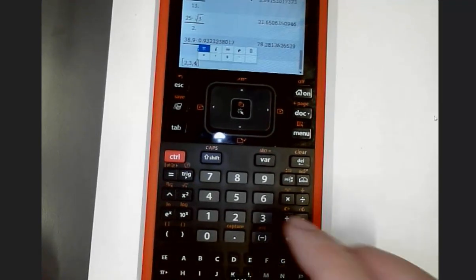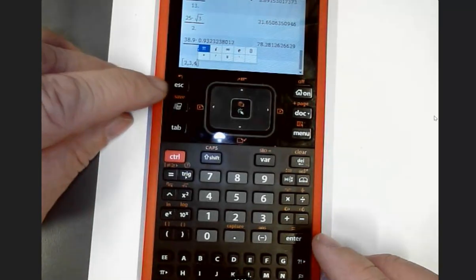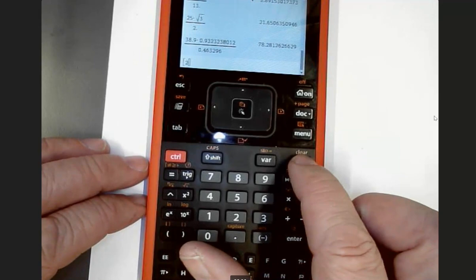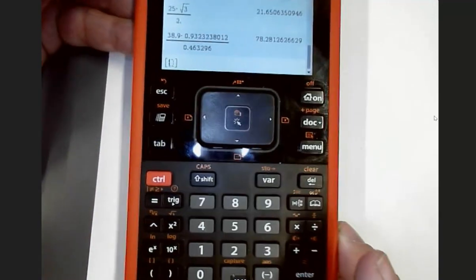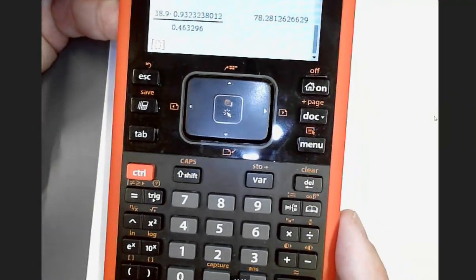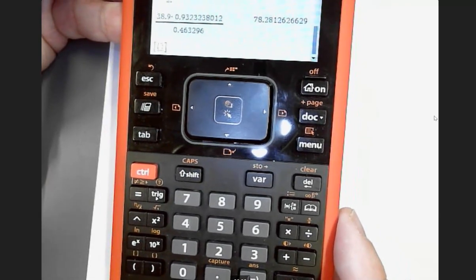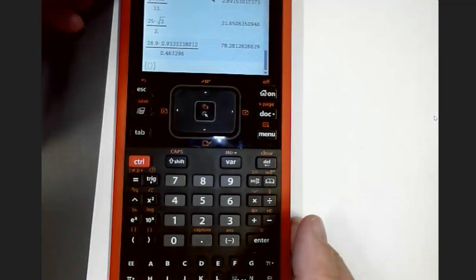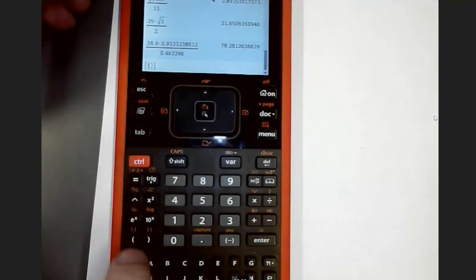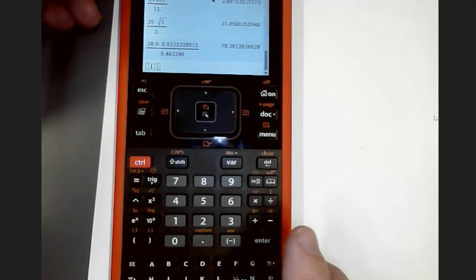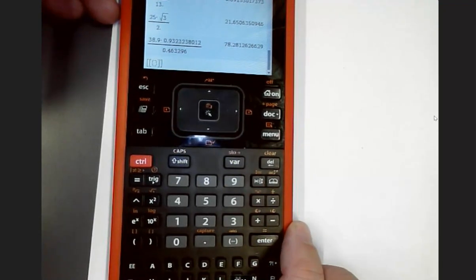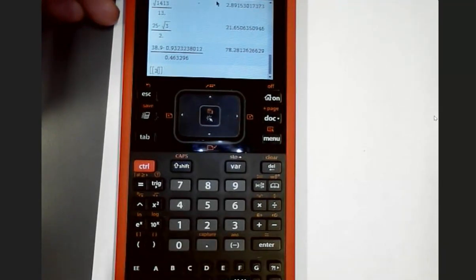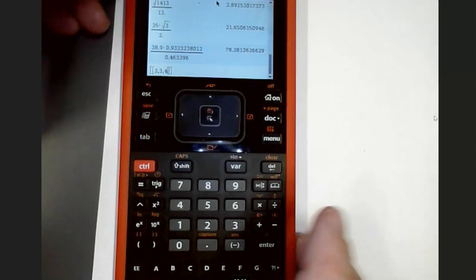Well, I will do this in a more universal way, which is the most common way to do this on calculators. Square brackets, and then I will write another square bracket there, and inside that square bracket I will write the first row: 2 comma 3 comma 4.